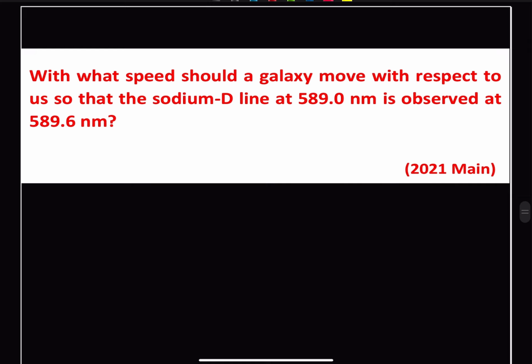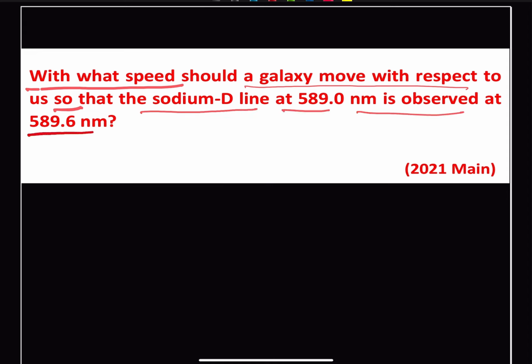It says that with what speed should a galaxy move with respect to us so that the sodium D line at 589 nanometer is observed at 589.6 nanometer.